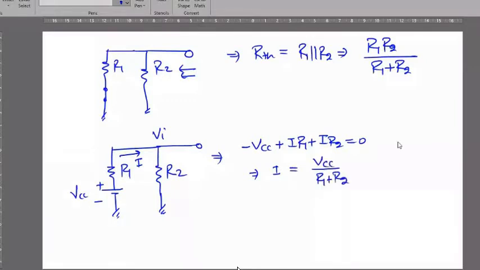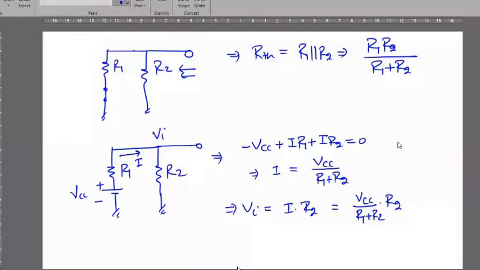Now VI will be I into R2, so VI equals VCC over R1 plus R2 multiplied by R2. This voltage is known as Thevenin's voltage.